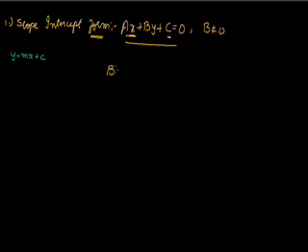So we'll keep by is equal to minus ax minus c, and further, since we had taken b is not equal to 0, we will divide both sides by b.